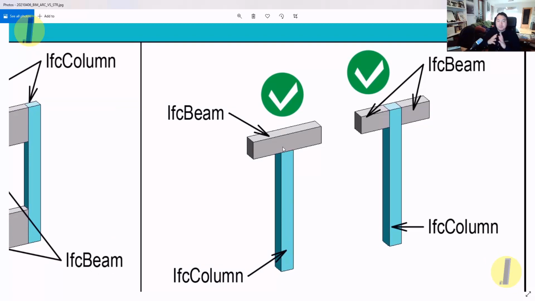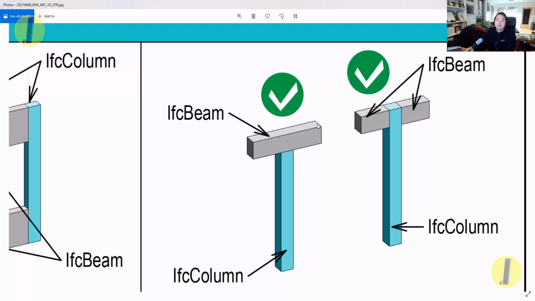So the structural model may appear in this sort of modeling, but in the architectural model we may model in that way. In most cases the reinforcement detailing model is adopted, and we link that reinforcement model into the architectural model.